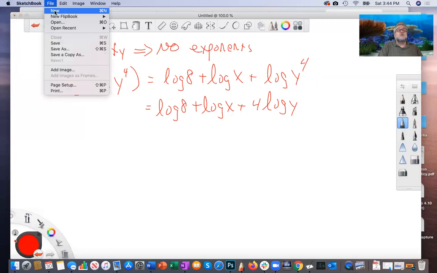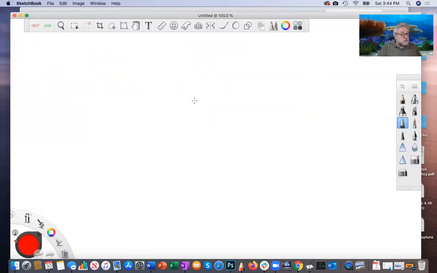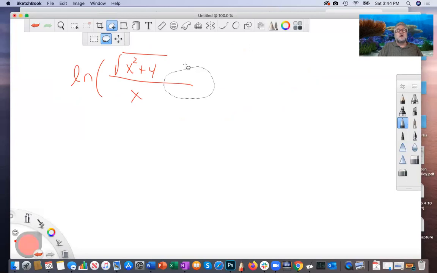Okay, let's try another. Because, man, these are fun. Holy mackerel. Okay. Natural log of square root of x squared plus 4, over x. What do you think of that? Now, that's fun. Okay, so we want to simplify this.